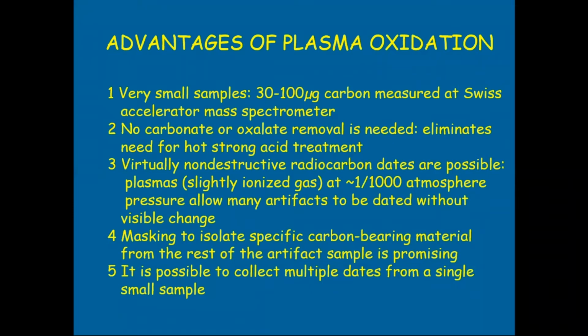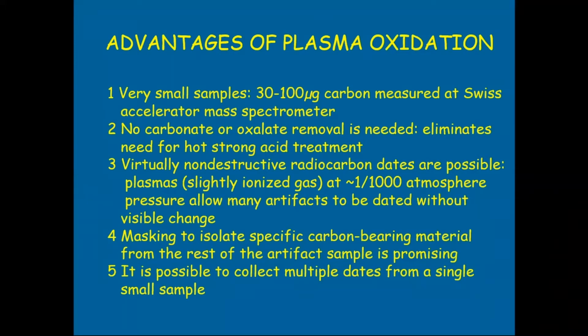In the regular traditional radiocarbon sampling, they have to use hot acid treatment to make sure there's no carbonate or oxalate, which would affect their dates. But the plasma technique ignores those substances, the carbonates and the oxalates, and consequently, the strong acid treatment is unnecessary.